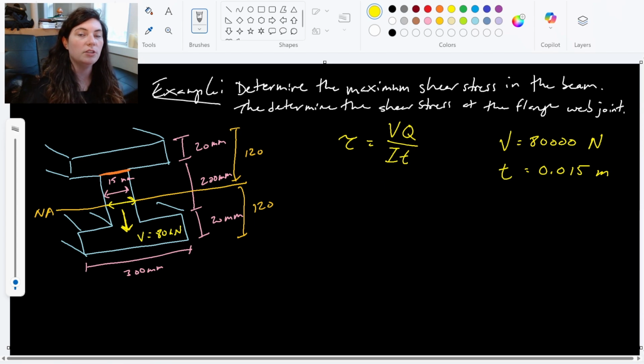So now let's take a look at our geometry properties. Let's do our moment of inertia calculation, our I calculation, first, because we're going to use that for both shear stresses that we're calculating. The moment of inertia doesn't change regardless of where you're taking the point. You're always doing the moment of inertia for the entire cross section.